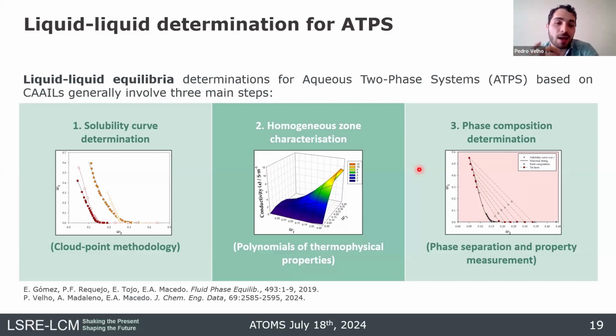But what happens is water will preferentially solvate one of the components and leave the other behind, causing immiscibility. This component that causes the immiscibility is called the salting out agent. And in aqueous two-phase systems based on choline amino acid ionic liquids, normally it is an inorganic salt.